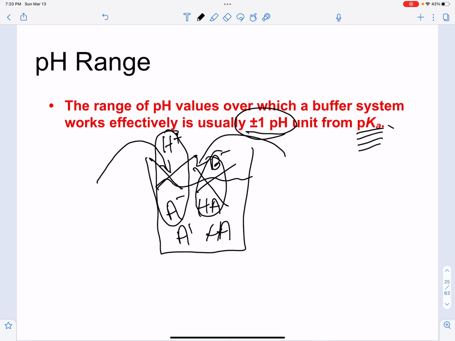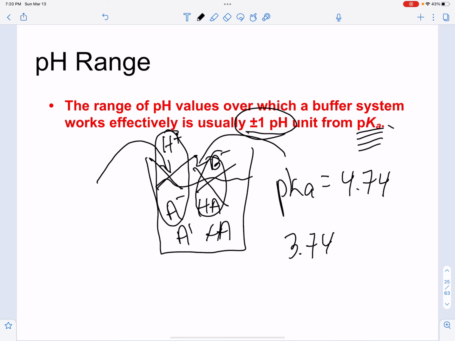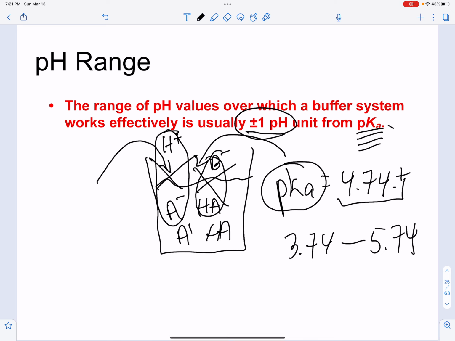So, for example, the one we did earlier, the pKa was 4.74. So this buffer should be good enough from 3.74 all the way to 5.74. So that's what the range means. On what area is this buffer going to be good? So a buffer prepared with acetic acid will always be good around the pKa plus or minus 1, therefore 3.74 to 5.74.